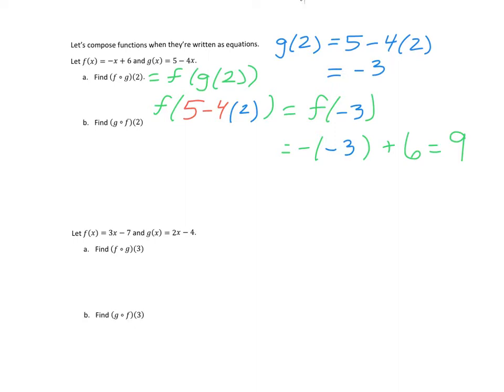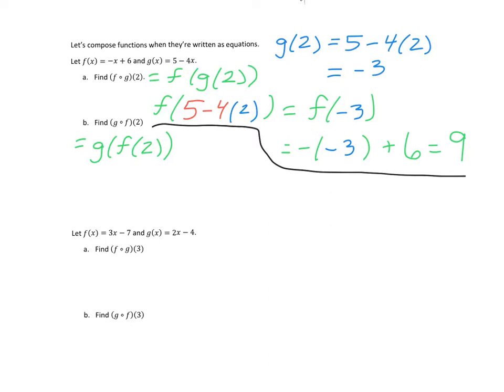We're going to do the same thing, but we're going to do it opposite. So now we're going to go g of f of 2. So now we're going to take the 2 and we're going to plug it into the f function first. And again, you can do this two ways. You can plug in the whole function at 2, or you can do a little scratch work. I'll do a little scratch work off to the side.